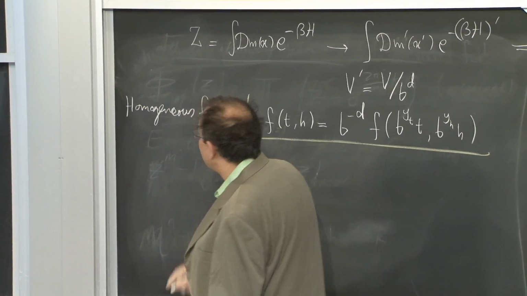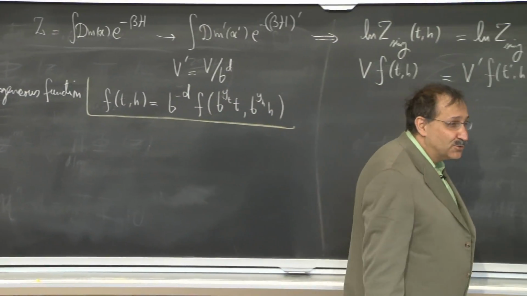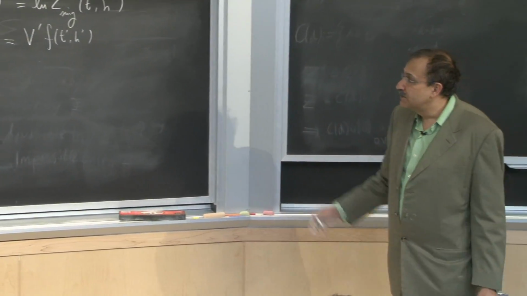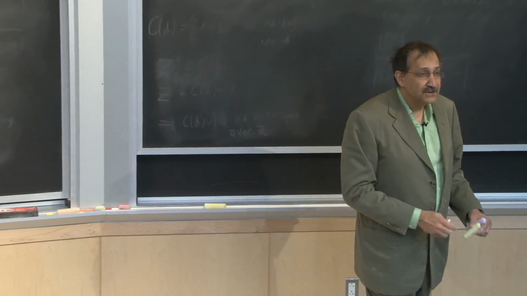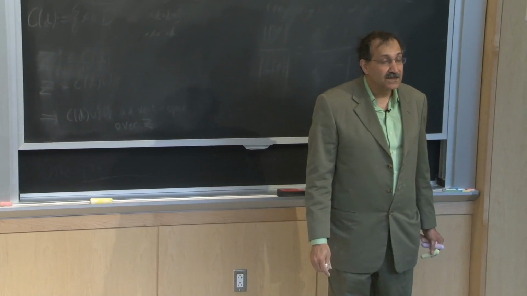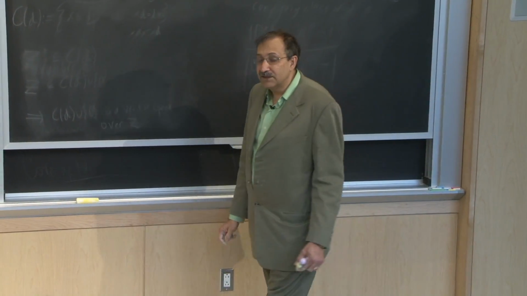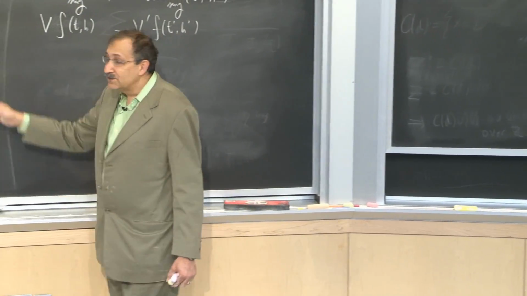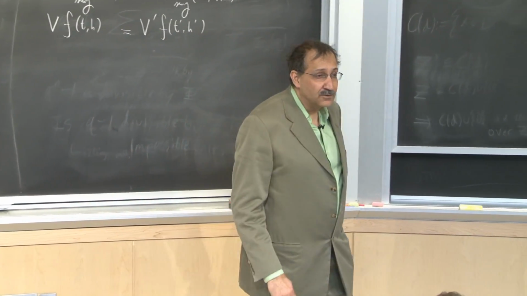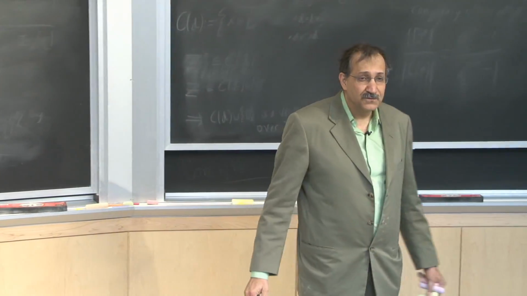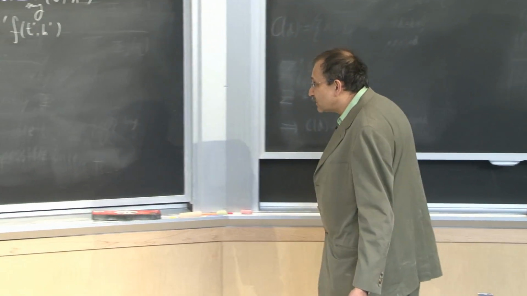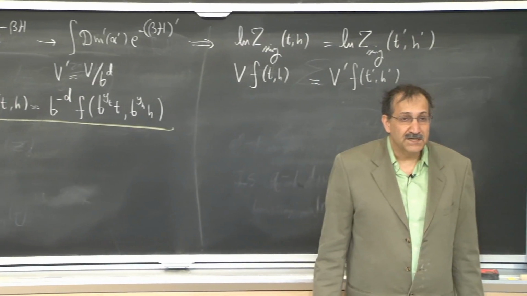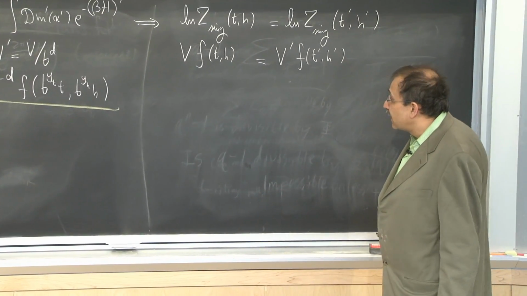So previously, in the last lecture, we assumed that the free energy had a homogeneous form. Now, subject to these conditions and assumptions of the renormalization group, we have concluded that it should have that homogeneous form. Now you say this homogeneous form does not look like the homogeneous forms that I had written for you before. I say, okay, presumably this is true for any factor of b that I want to choose.